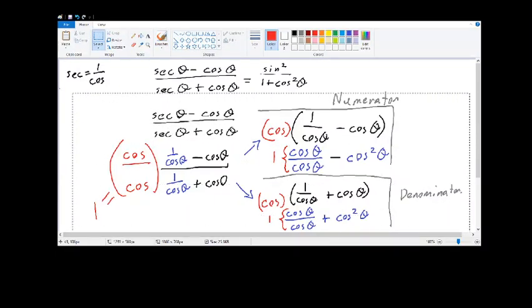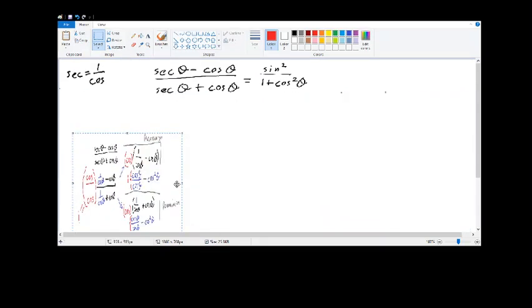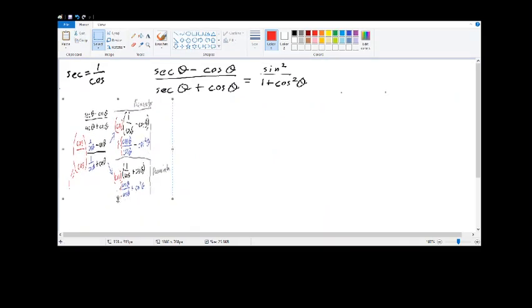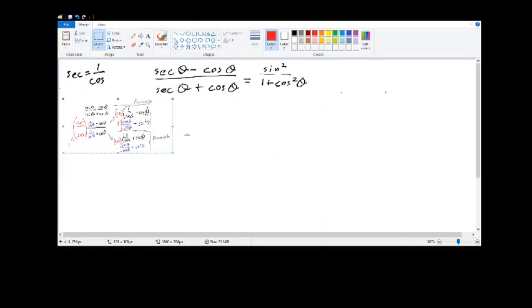Now we expanded it. We want to bring it back together. And in order to do that, we'll bring this over to the side a little bit so that it could stay there, so our work doesn't disappear, but we have some more room to work with.